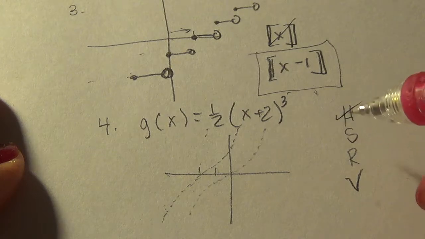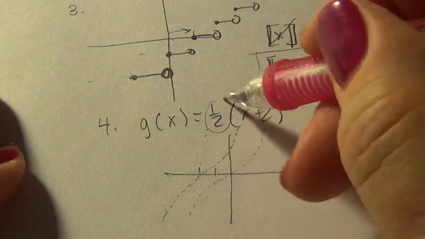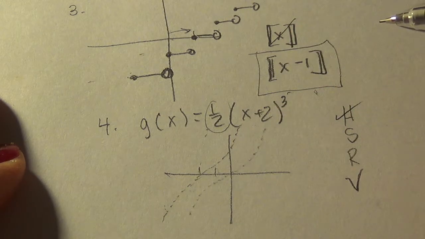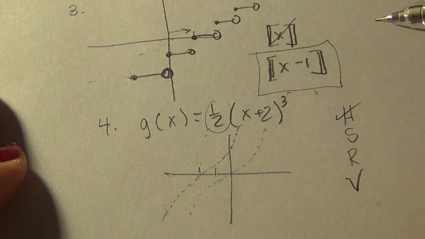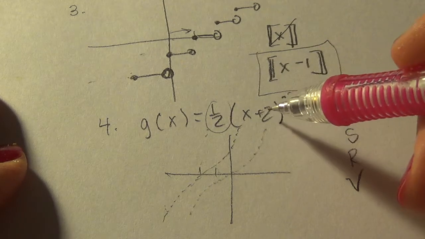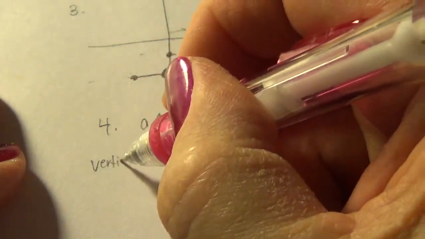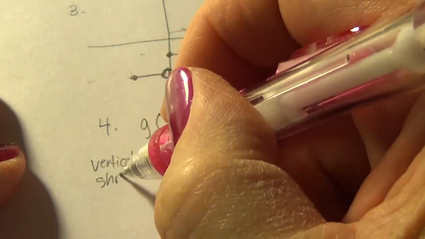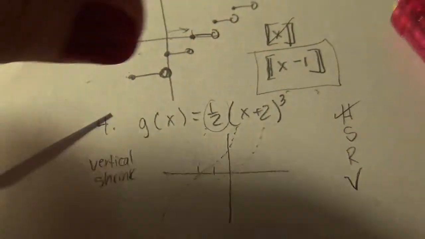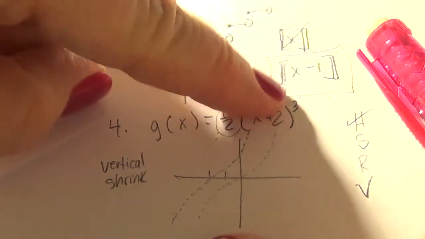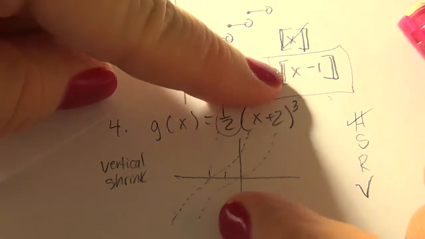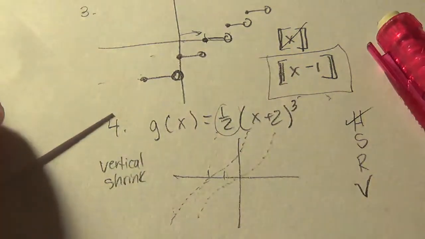Alright, is there a stretch? This time there is. And that 1/2 means, since it's outside of the function, it's going to be a vertical shrink. So I'm going to take this and I'm going to shrink it in the vertical direction.